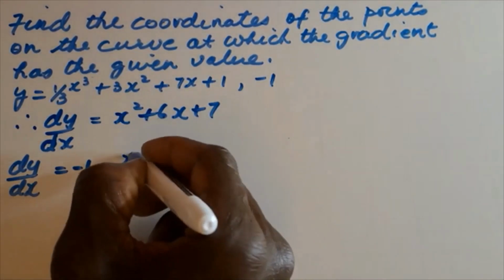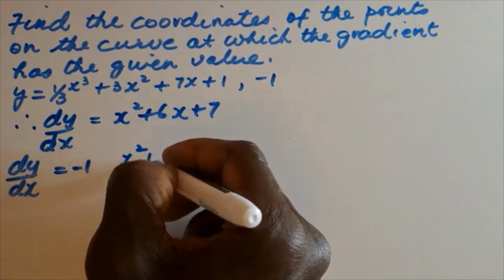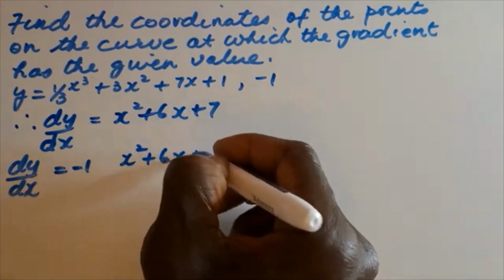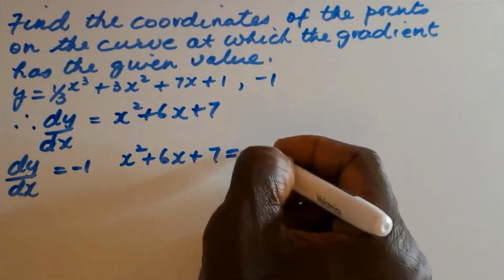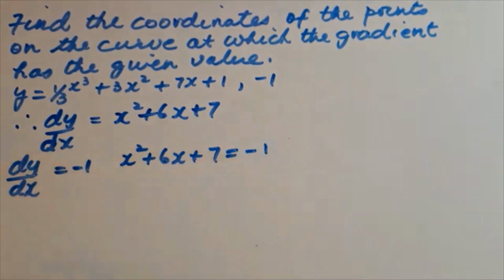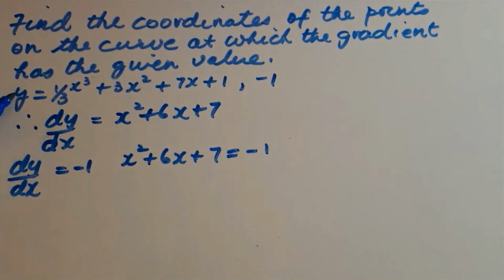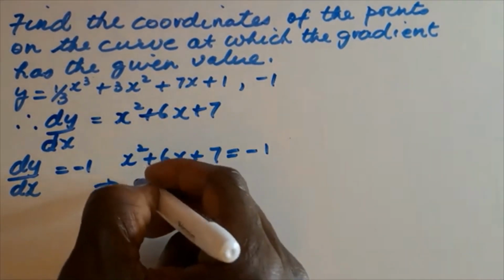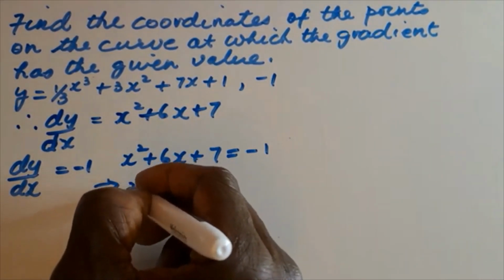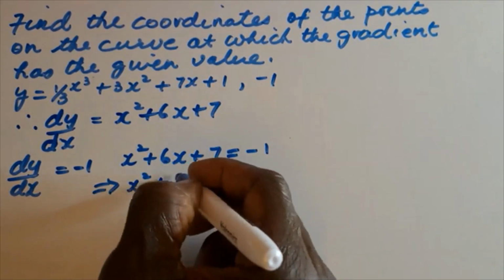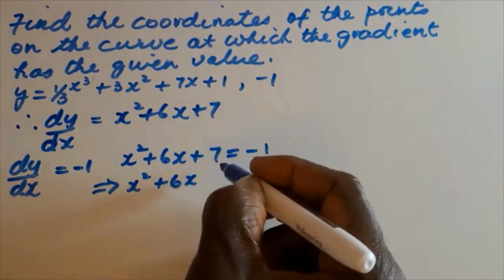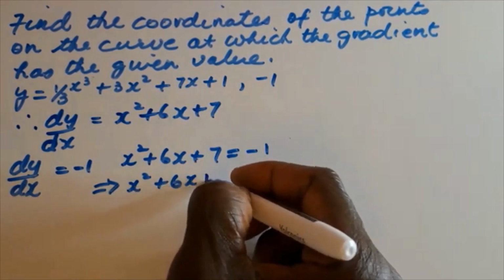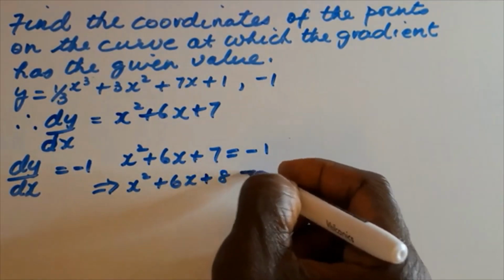Then we have that x squared, add 6x, add 7 we can also equate to -1 because we just found dy dx by differentiating the curve. And this implies that we have x squared, add 6x, add 8 is equal to 0.